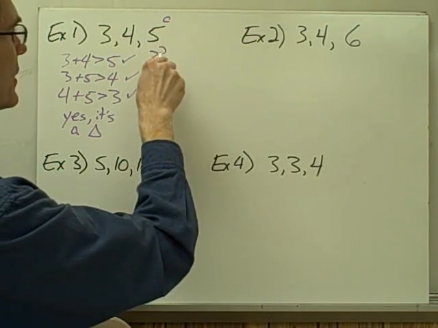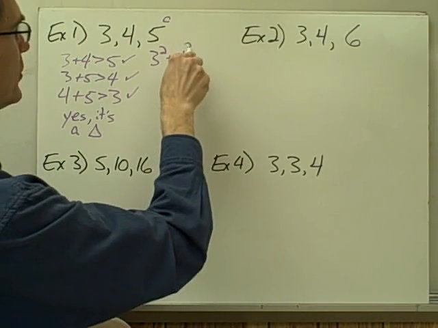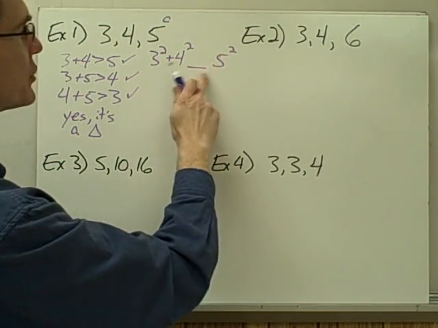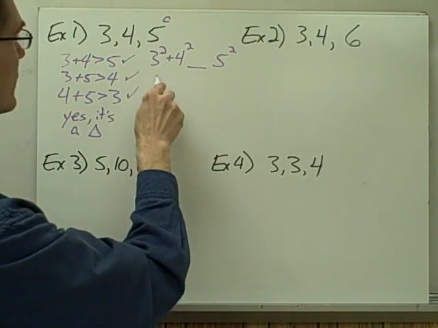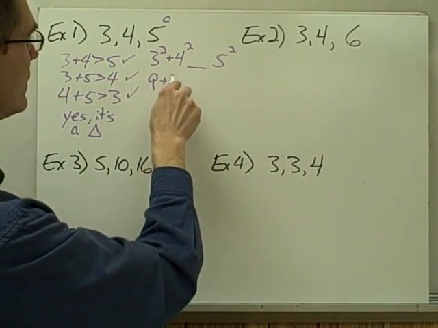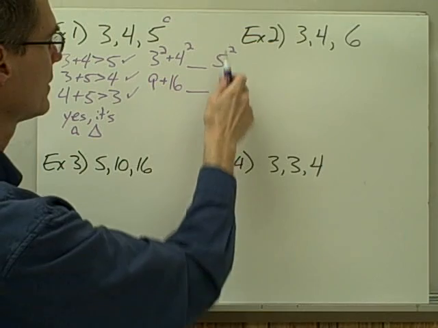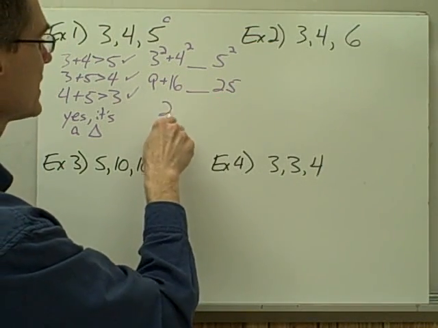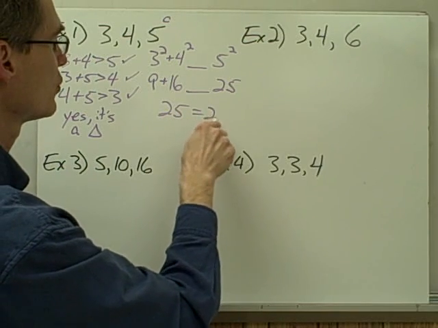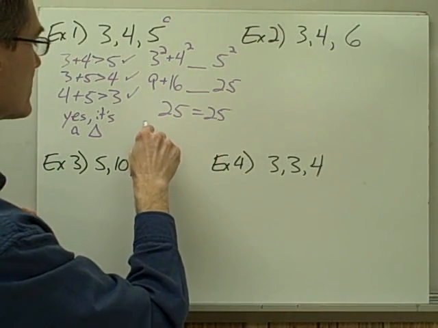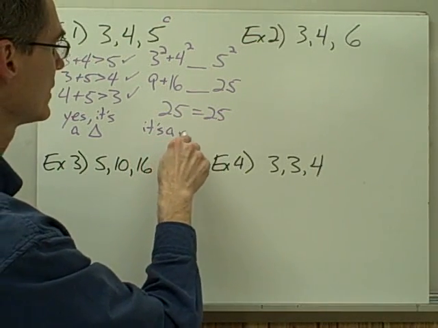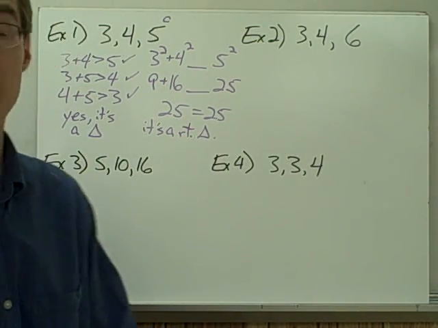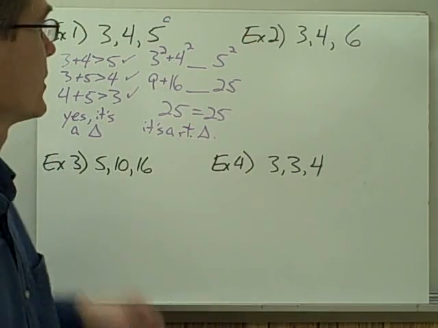So let's see if 3 squared plus 4 squared is going to be equal to 5 squared or not. 3 squared is 9, 4 squared is 16, 5 squared is 25, 9 plus 16 is 25, 25 equals 25, so yes, this one is a right triangle.